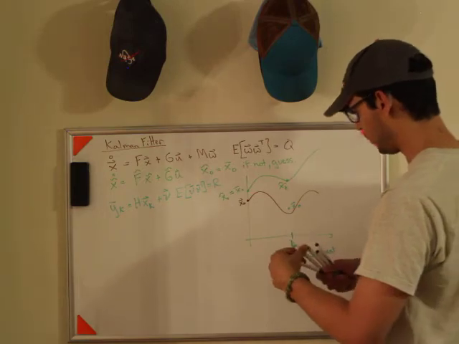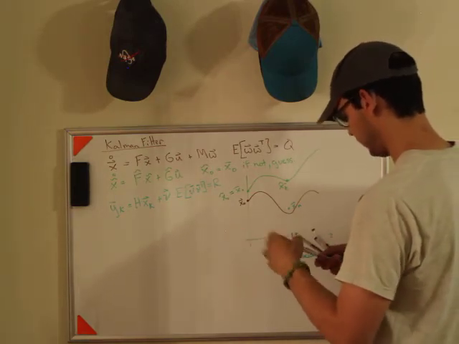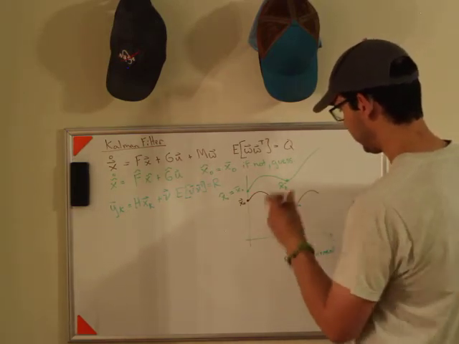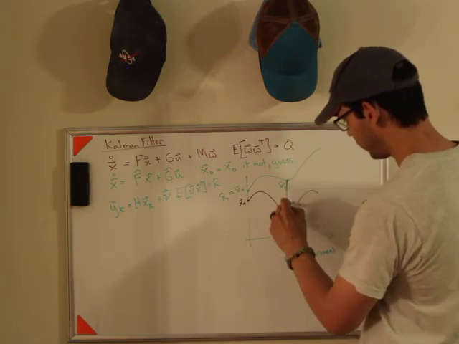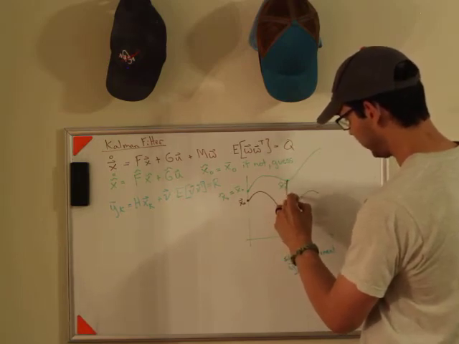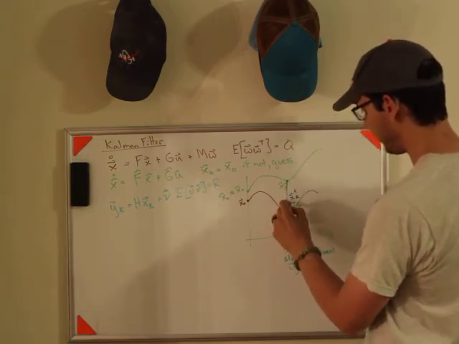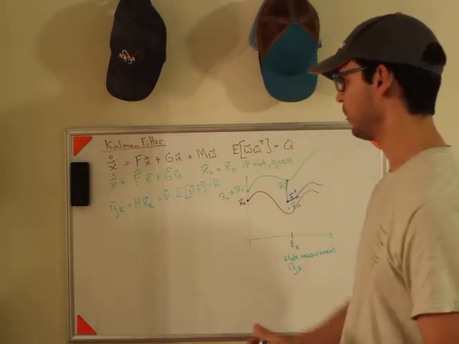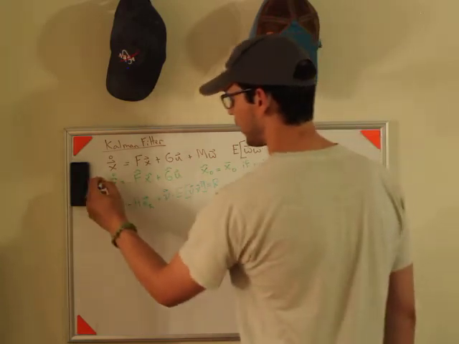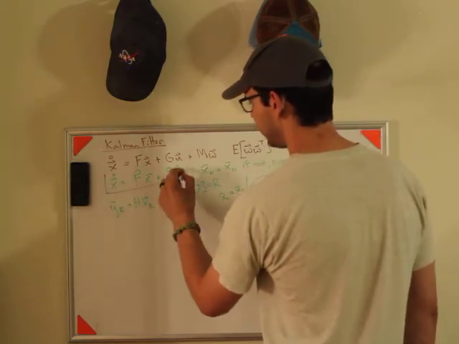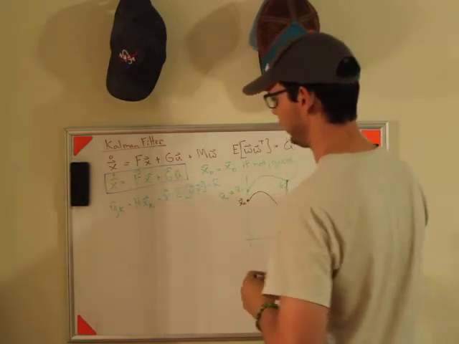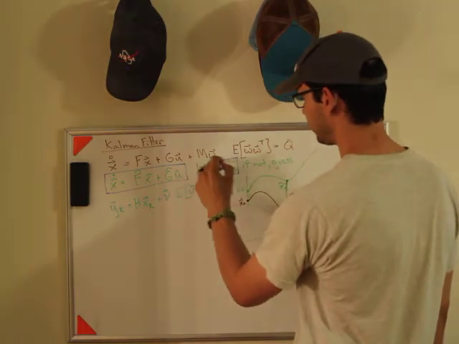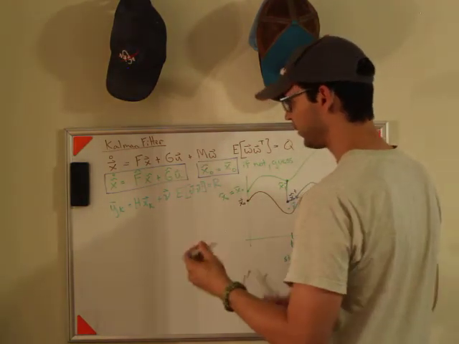What I'm going to do is a least squares update, and I'm going to update to x tilde k plus, and then continue the propagation. So basically I need my model dynamics, my initial conditions, and a state update.